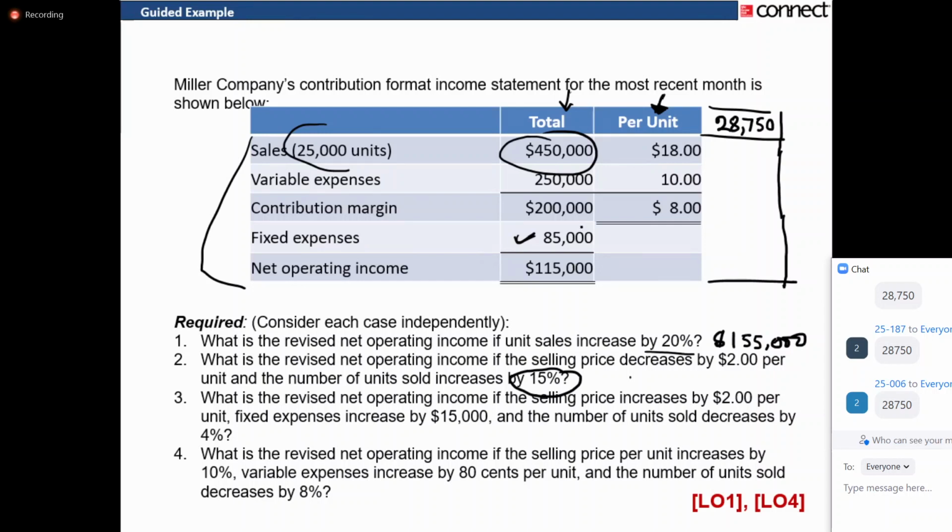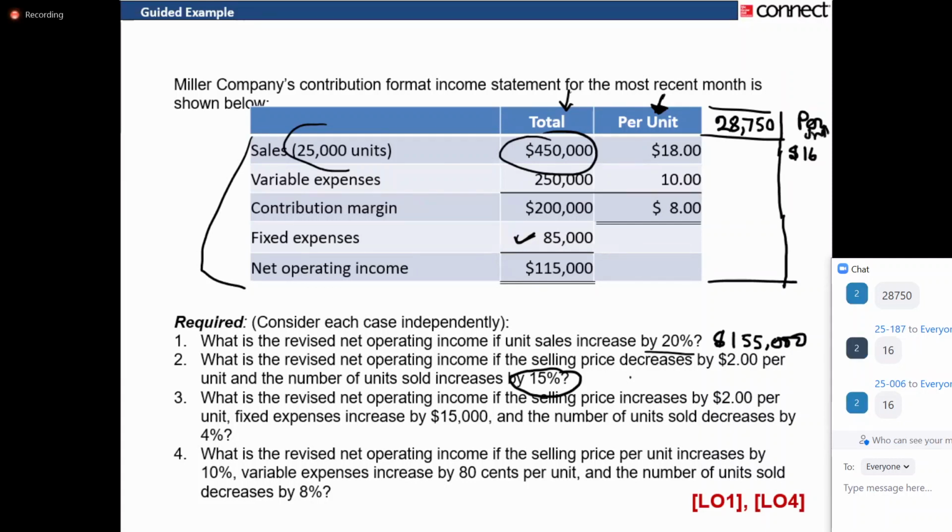It is asking that the selling price will not remain the same as the previous case, rather selling price will decrease by $2 per unit. So if selling price decreased by $2 per unit, what will be the revised selling price? Is it 18, 16, or 20? It is $16 per unit.